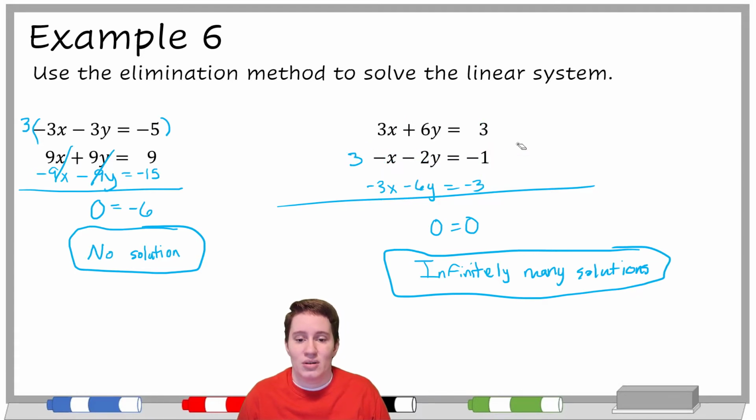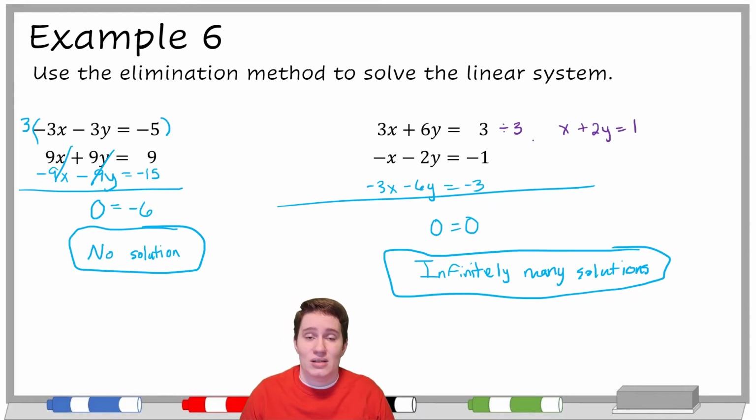So here on this one, they're not big numbers, but we could have said, hey, all these are things I can divide by 3, which gives me x plus 2y equals 1. And then we could use that equation instead. So just wanted to throw that out there: if you notice that every single part of an equation has something in common, then we can divide by it and make our numbers smaller, which is nice.